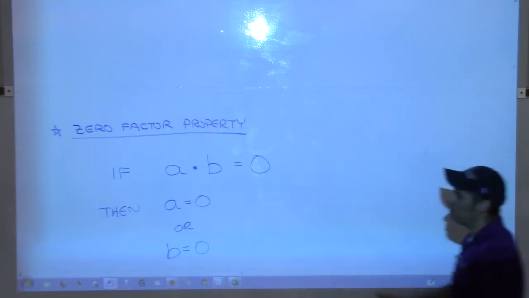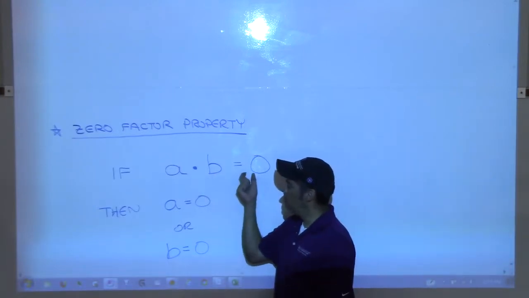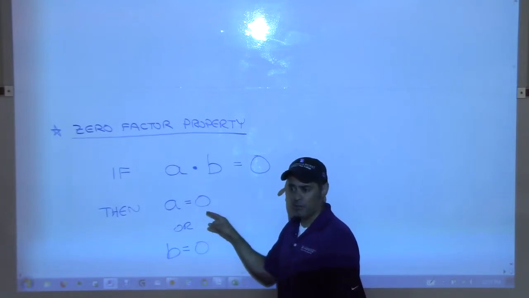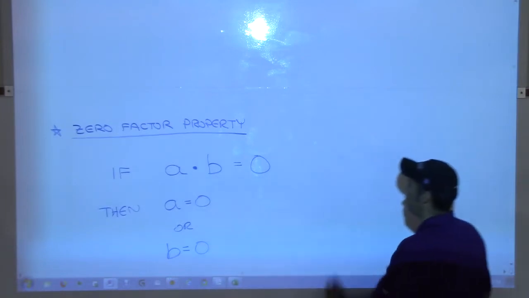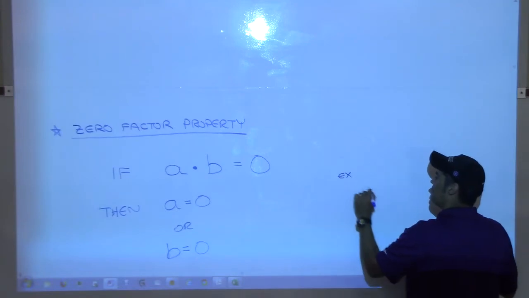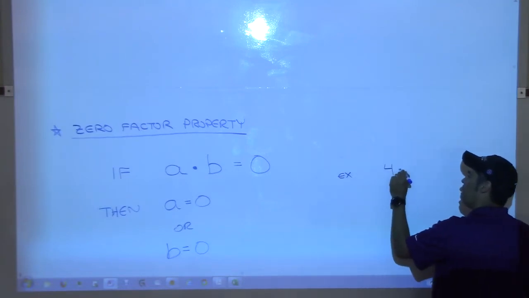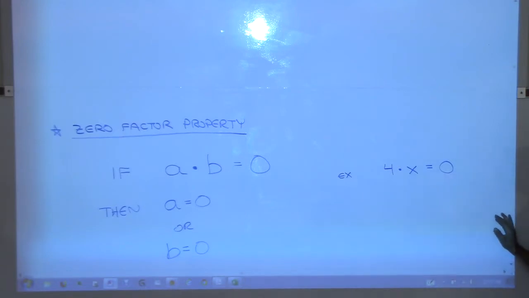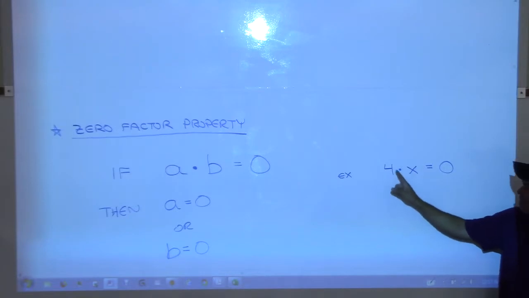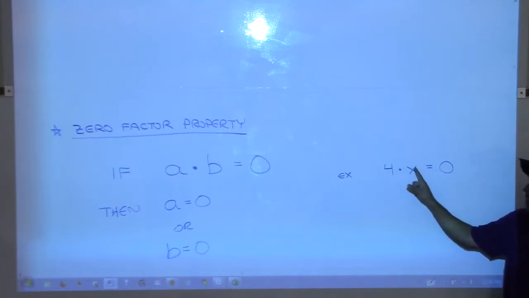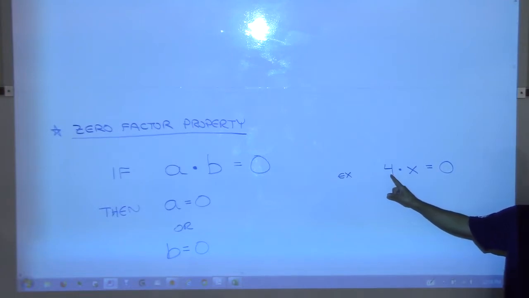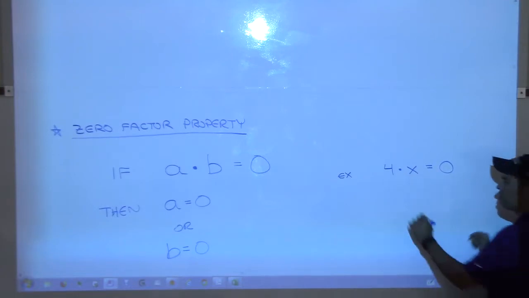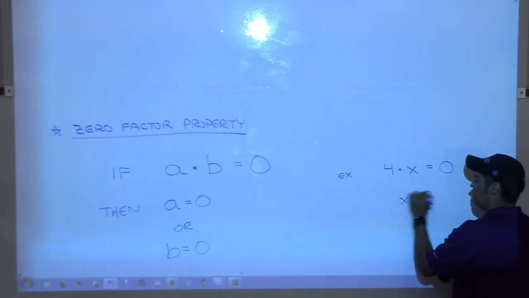Any time two things multiply to be 0, one of them has to be 0. So like for example, if I tell you that 4 times x must be 0, then what can you tell me? That x has to be 0, because this means that two things are multiplying to be 0, so one of them has to be 0, right? 4 isn't 0. So x would have to be 0, right? So our solution to this would be x is 0, right?